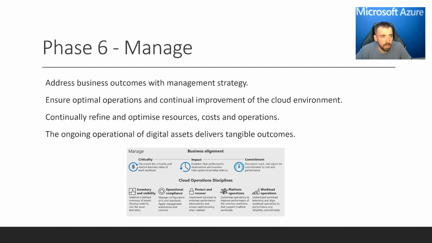We then have manage, and this is around our operational processes from an Azure platform perspective across the Azure estate. It's addressing business outcomes with management strategy, ensuring optimal operations and continual improvement of the cloud environment, continually refine, optimize resources, costs, and operations. So you can see how this is an ongoing phase.